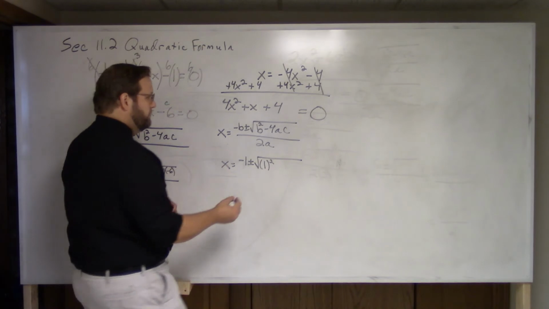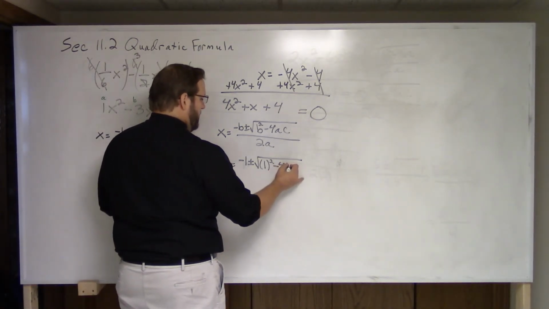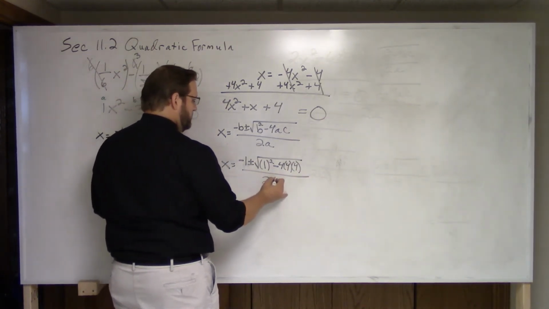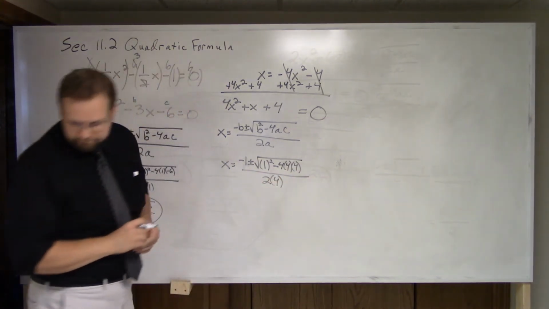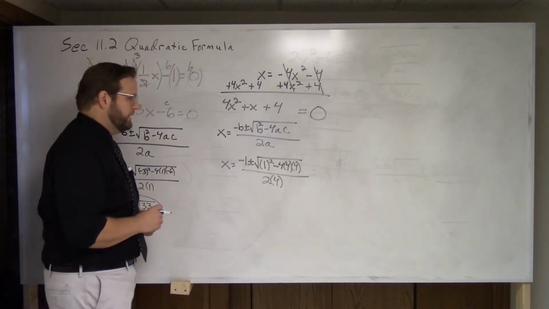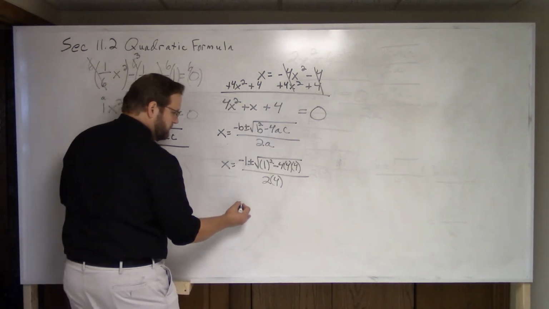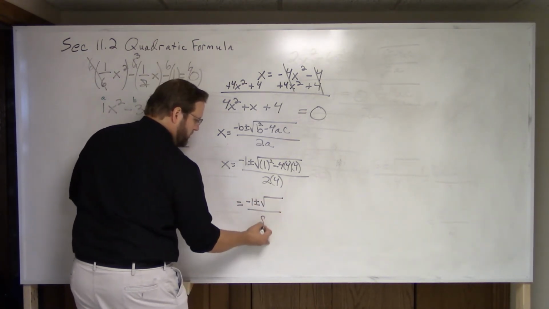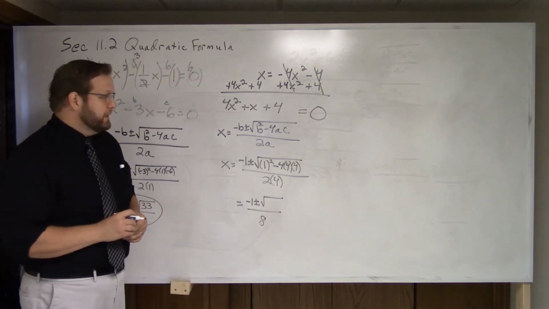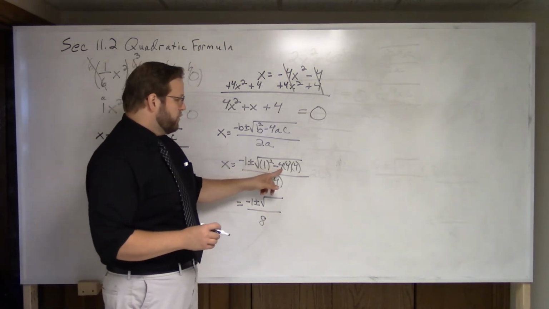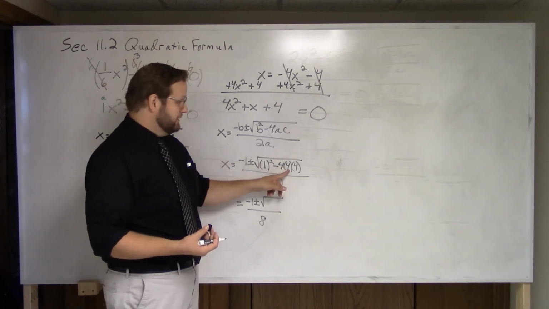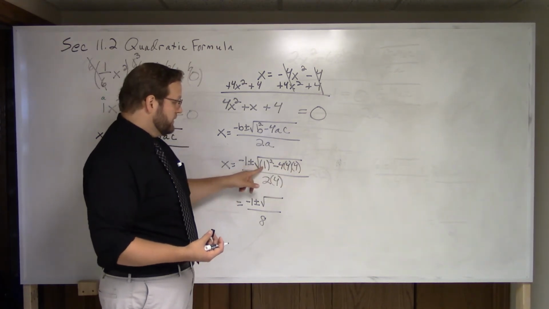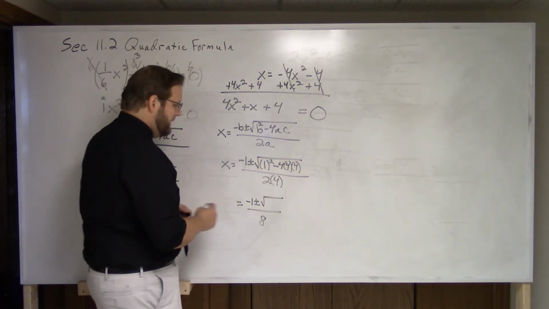Just put them there. b squared minus 4ac all over 2a. Okay? And then we got -1 plus or minus square root of something over 8. Now, let's see what this is. This is going to be 4 times 4 is 16. 16 times 4 is 64.